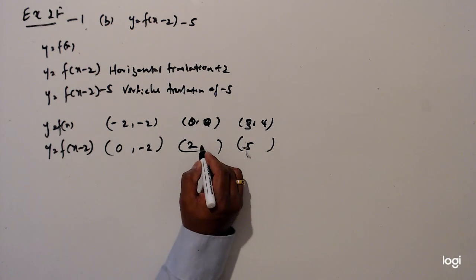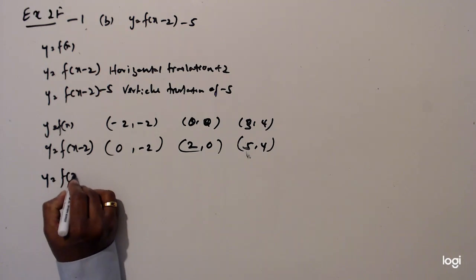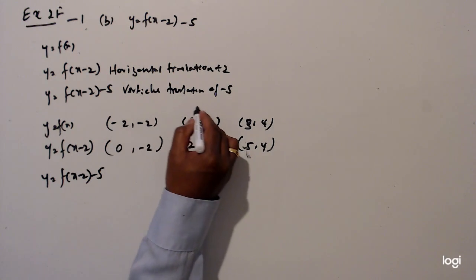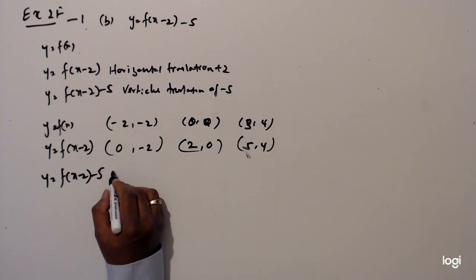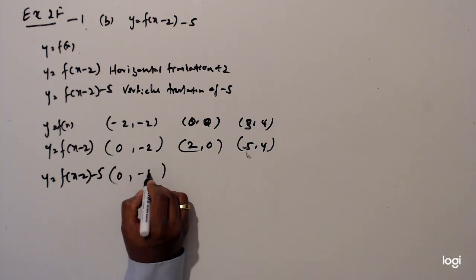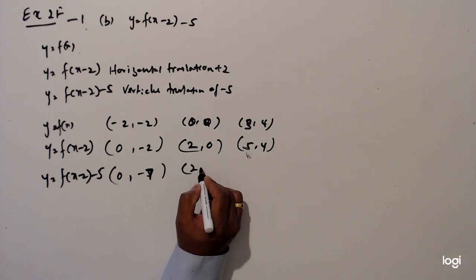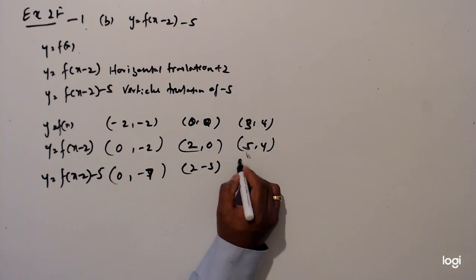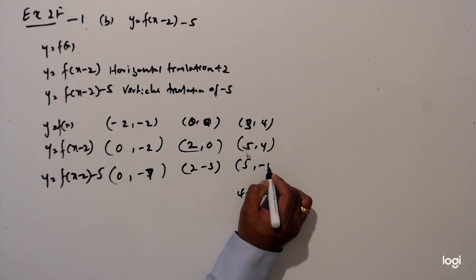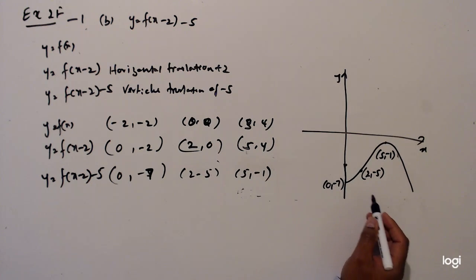Then the y value stays the same. Then y equal f(x minus 2) minus 5. We want to bring this graph down 5 units. So this becomes (-2, -5), (-7, 2, -5), and (5, 4 minus 5 is -1). So this is the graph.